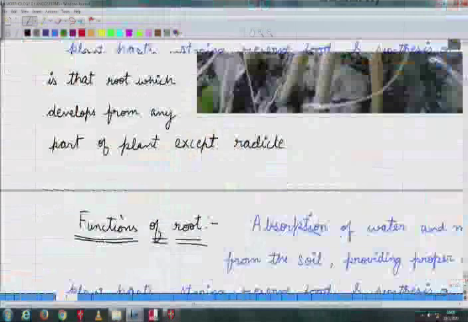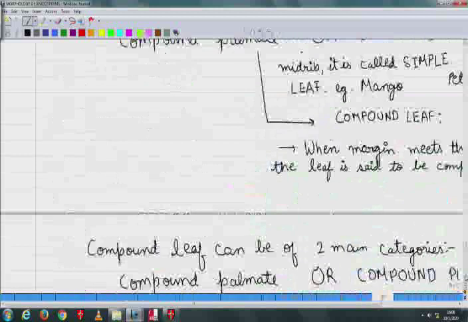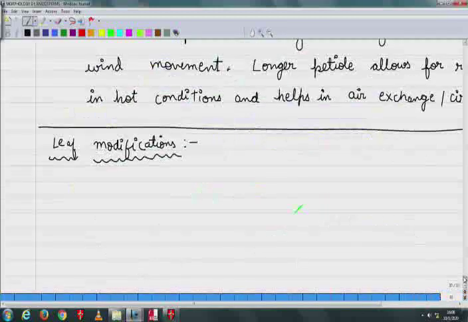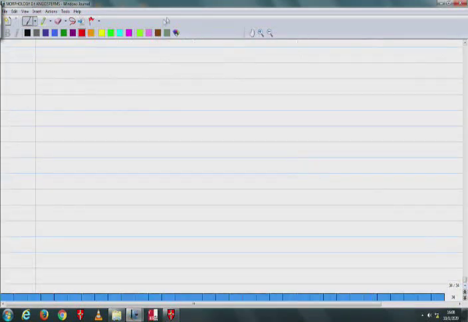In the last class, we had almost finished the morphology. There are only a few things remaining. We had discussed leaf modifications. Now we'll today study flower modifications and all those things.